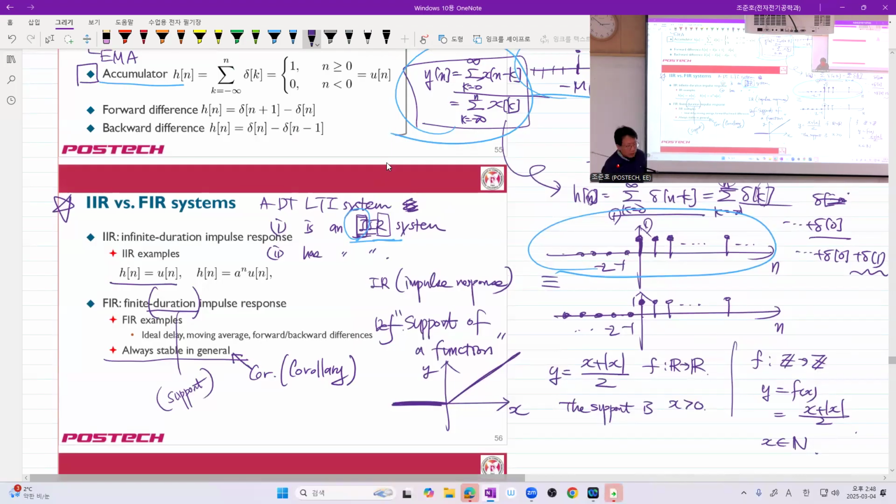This one, I would say, is a corollary because we know the first statement: a DT LTI system is causal, sorry, not causal, BIBO stable, I'm sorry.